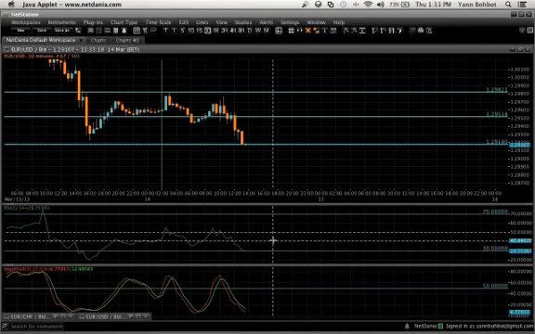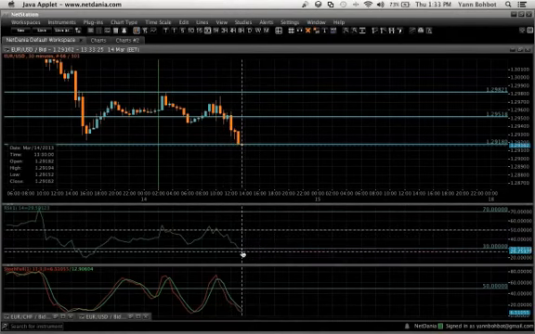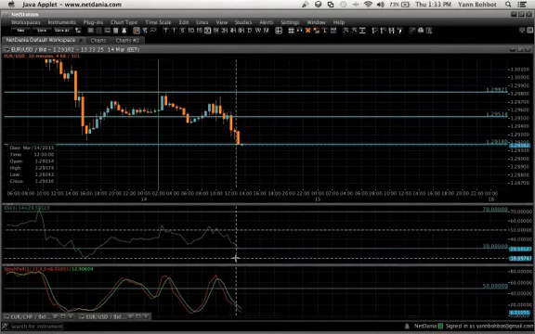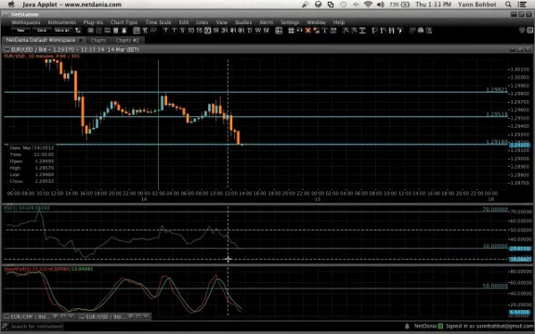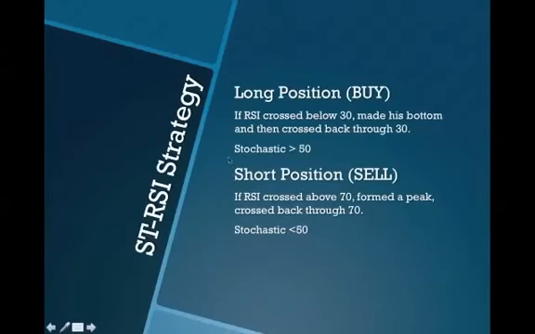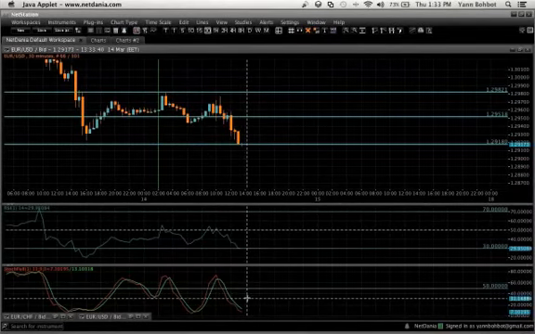So basically this is the strategy: if the RSI crosses 30 here, reaches its bottom and goes back up and crosses back through 30, I'm looking at a buy position. But at the same time, the stochastic has to be higher than 50. Stochastic is not higher than 50, so I'm not looking into a buy position.